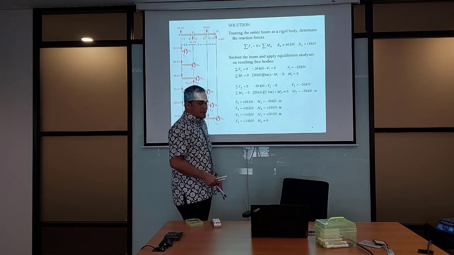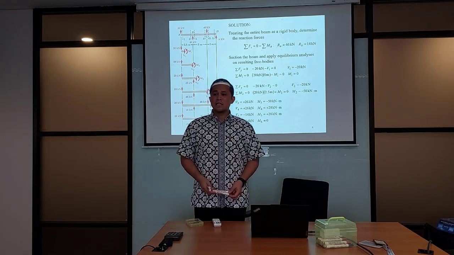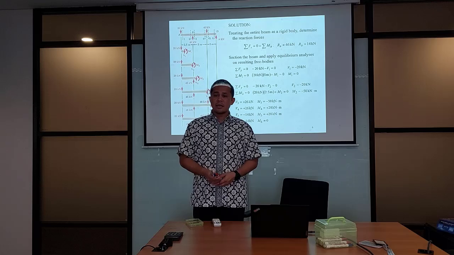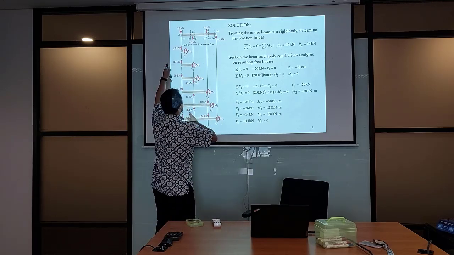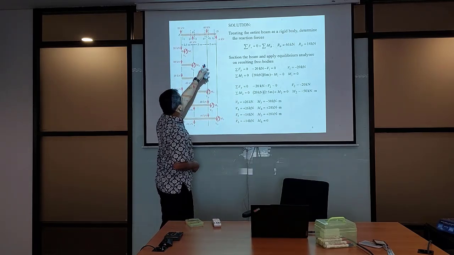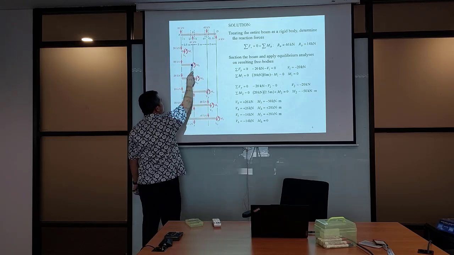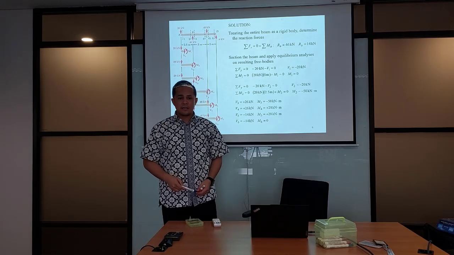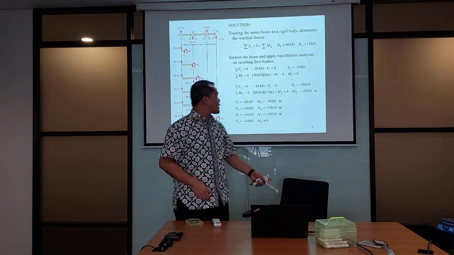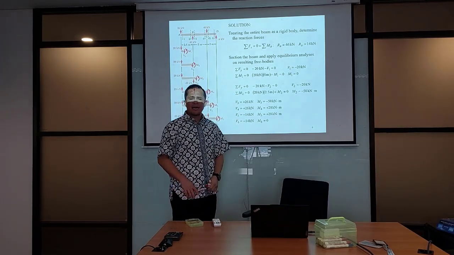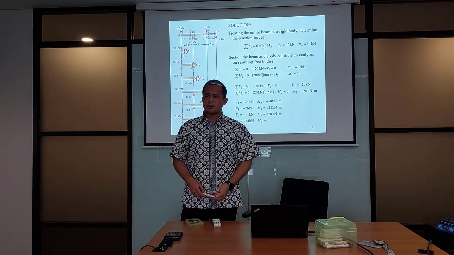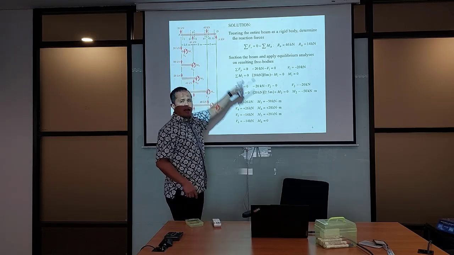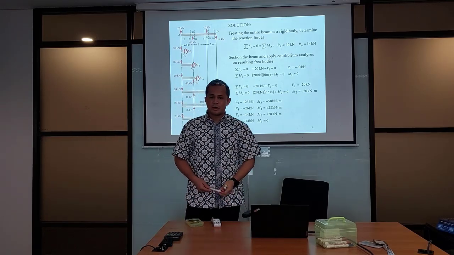What you should remember is the convention of V and M. If you do the sectioning from the left to the right, be careful, the V is going downward and the M is counterclockwise. That's the positive convention. And then you can do an equilibrium analysis, sigma Fy equal to 0, sigma M equal to 0, to get the value of V and M before and after the applied load.